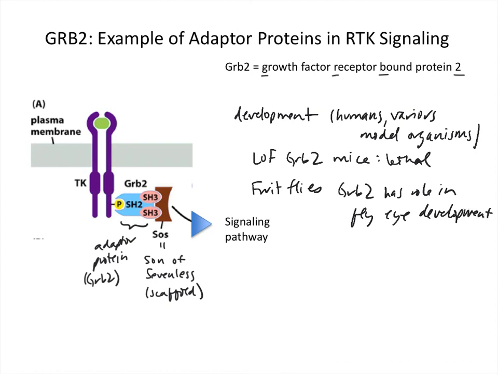And so with a variety of genetic tricks, they're able to knock out GRB2 just within the eye, and because the eye is not a required part of development, they could learn more about the pathway. And basically they used this study to determine the pathway and the mechanism, basically by sorting out the different components.